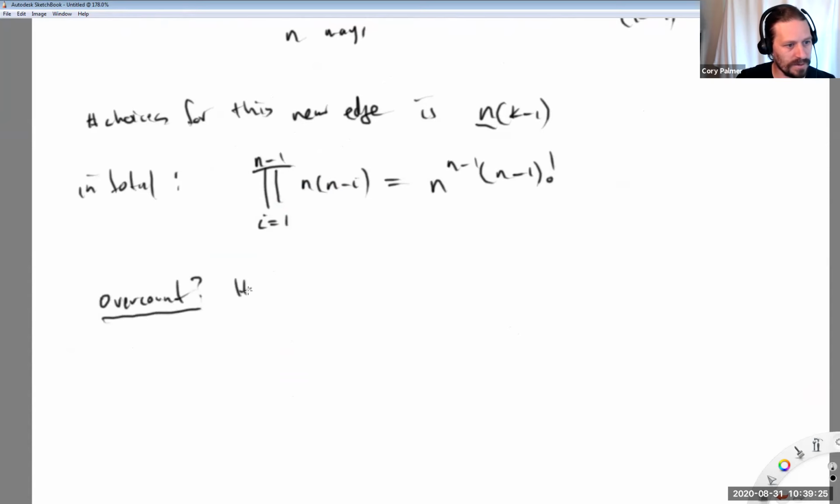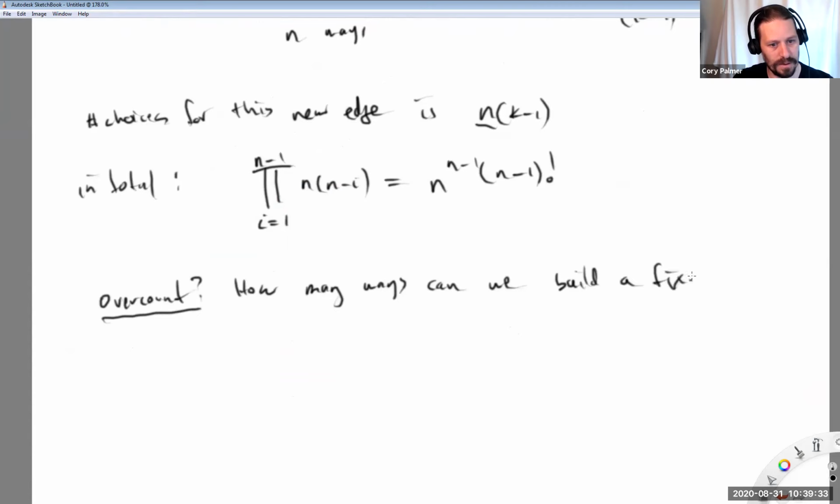So how many ways can we build a fixed branching, so labeled branching tree this way?